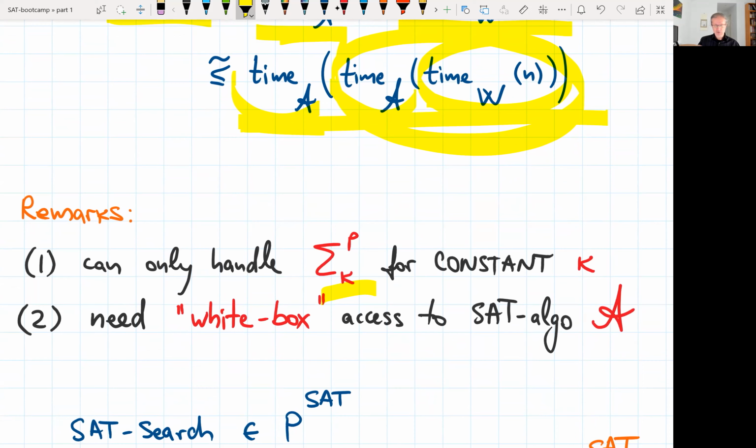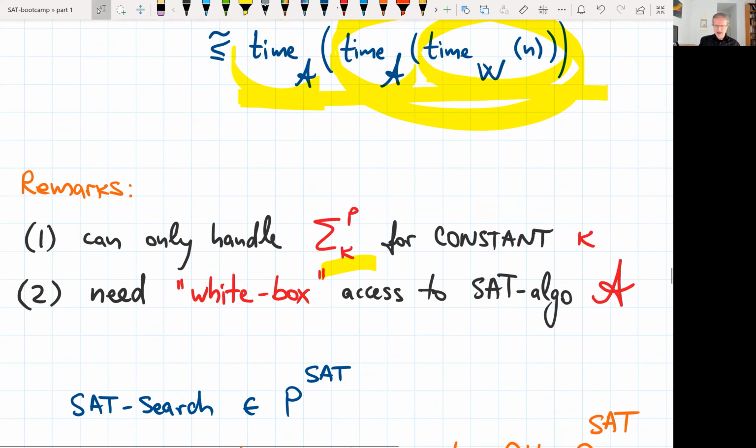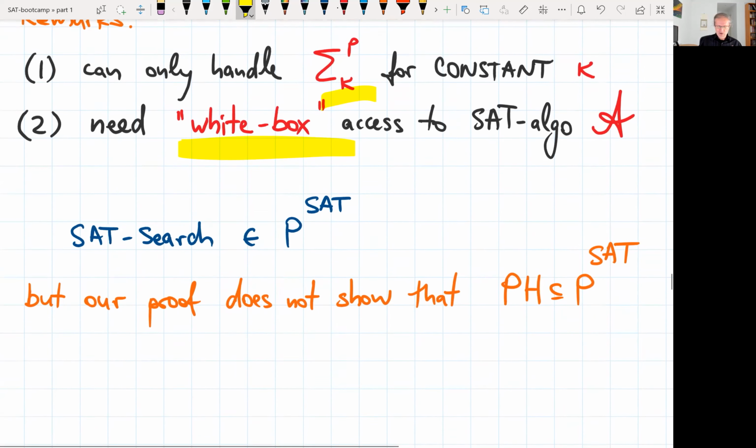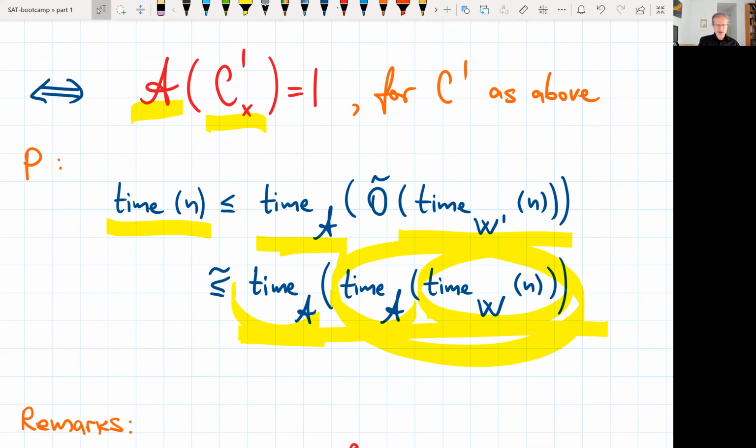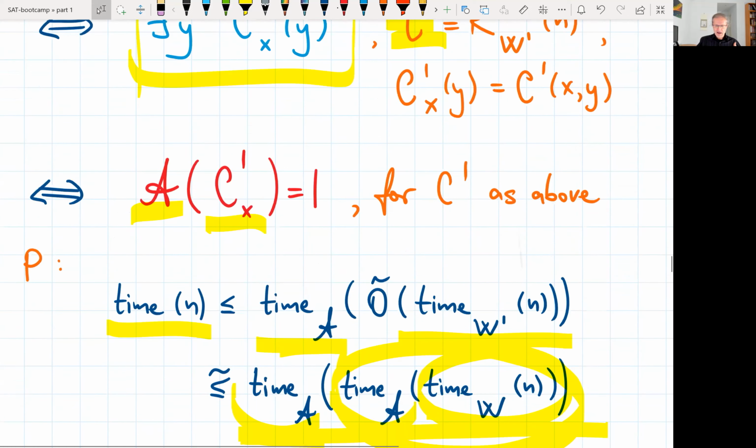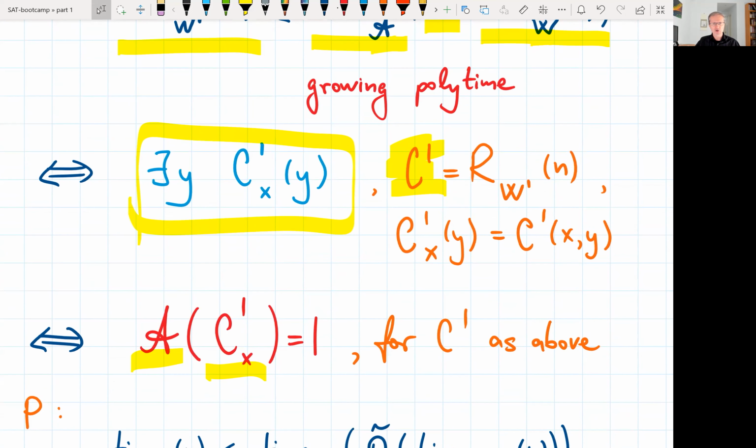And another, to me, even more interesting perhaps comment is that it's very important here to have white box access to SAT algorithm A. So you see, when you build this procedure that finally answers sigma 2 questions, you start by the original predicate algorithm W, and then you convert it into a circuit, and then you run the SAT algorithm on the circuit, and then you plug in the SAT algorithm into W prime, and then you run SAT algorithm on the circuit obtained from this new algorithm.